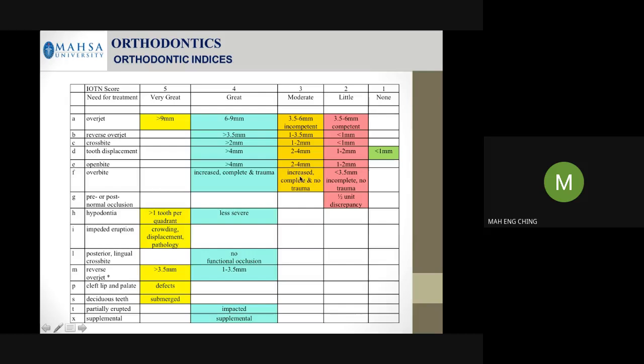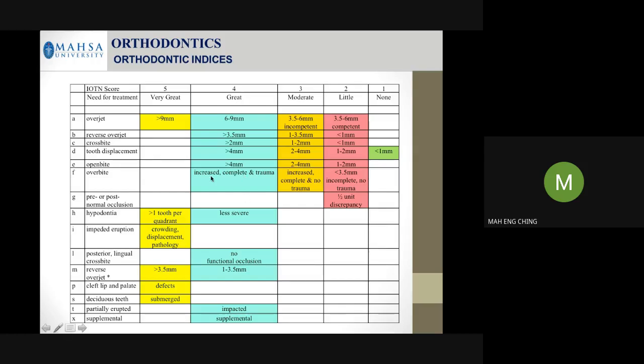If it is increased, they have contact but no trauma. It means they have contact, meaning the teeth touch the palate or the teeth, but not causing any indentations or trauma, gingival stripping, then consider 3F. If it is increased and complete and causing any damage to the gum or the teeth, then consider 4F.